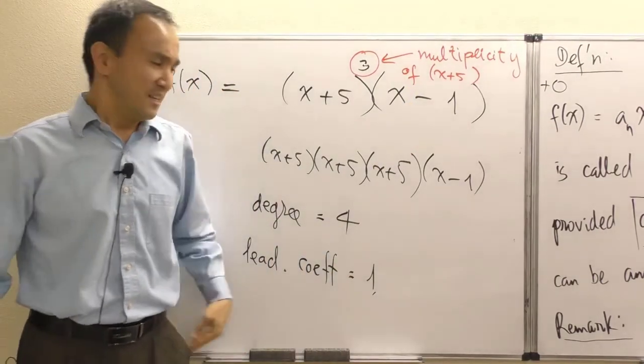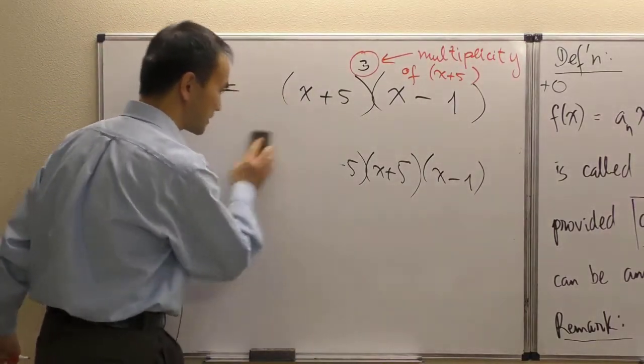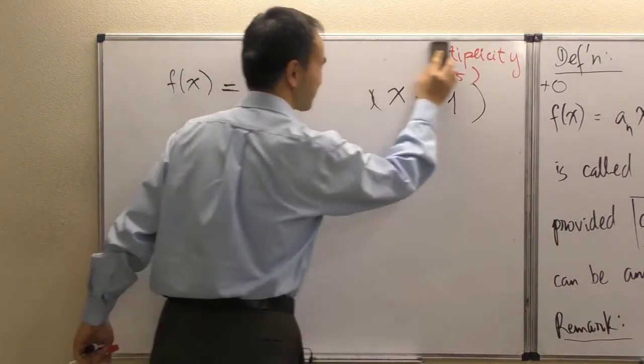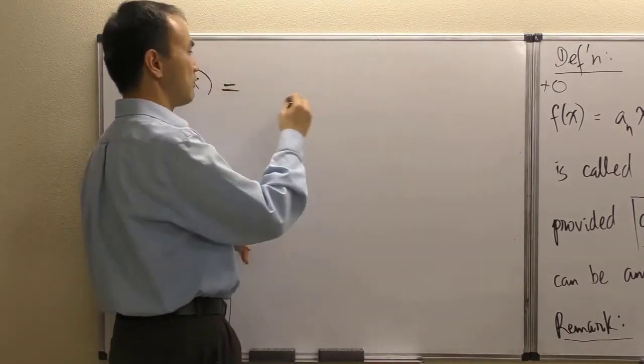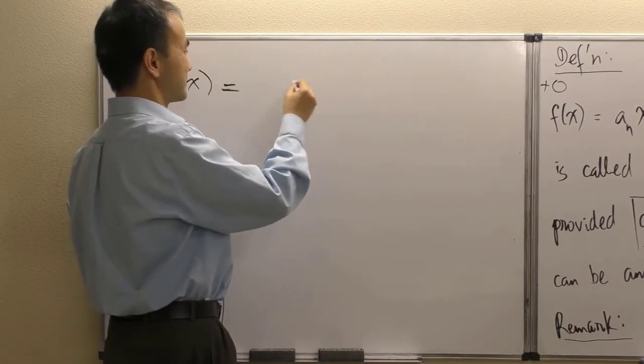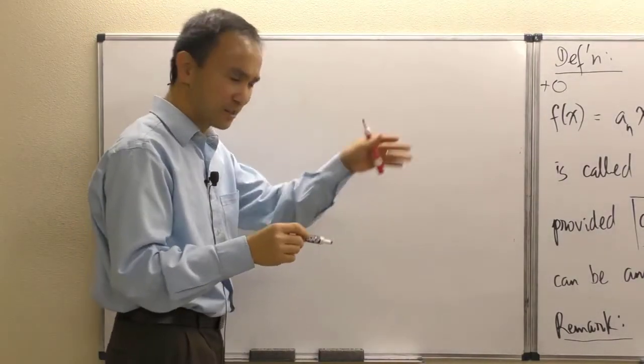All right, and now let me bring in a slightly different situation. We can have a polynomial that is still a linear expression, but it's not as simple as the earlier cases we've seen.